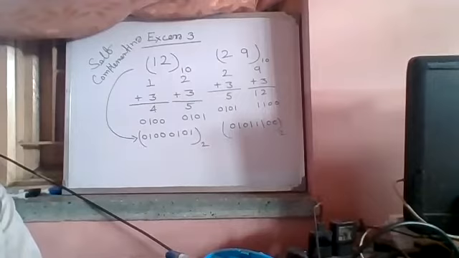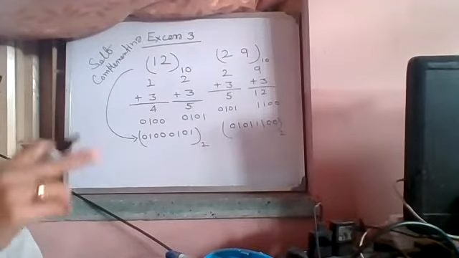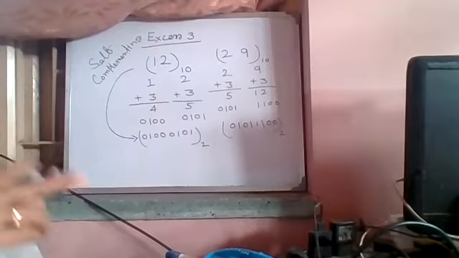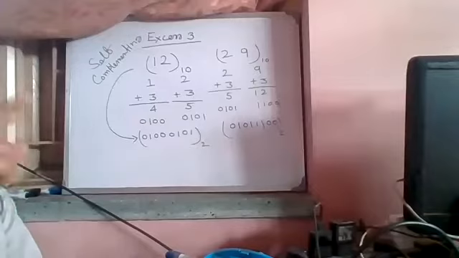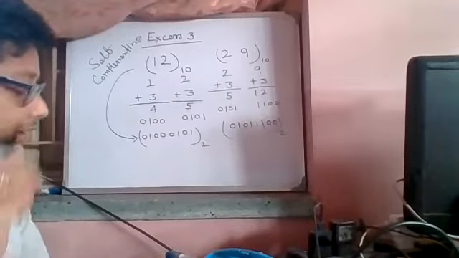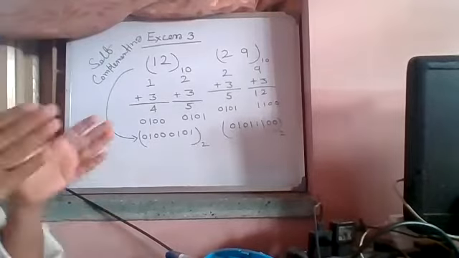That means the one's complement of an XS3 number is the XS3 code for the 9's complement of the corresponding decimal number. Again, I'm saying, the one's complement of an XS3 number.